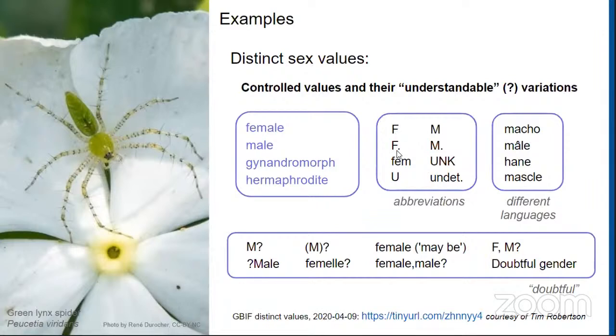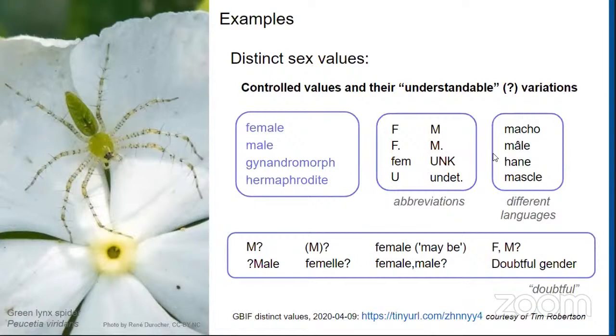If we find F period, it's a variation of the previous one, but we also can guess that is female. If we find U or undead, we can guess that is undetermined. So we have here many different ways in which the values are abbreviated.